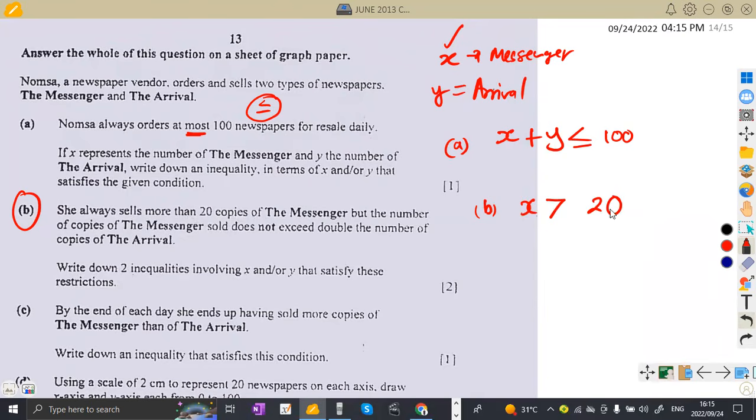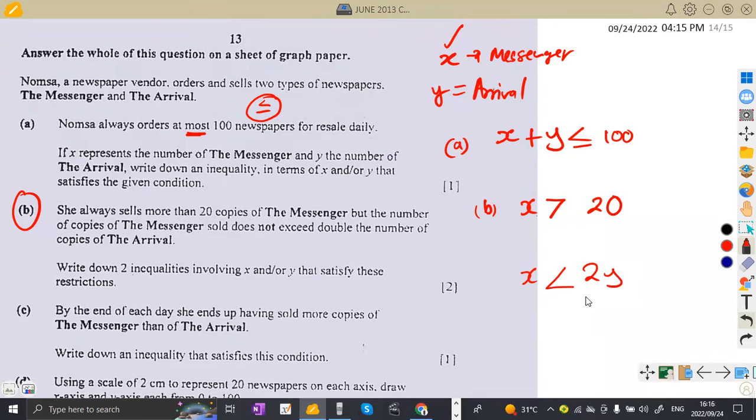20, like that. Okay. Then here we are now, the number of copies of the Messenger, which is x. Remember, Messenger is x. This one does not exceed double, which means it's less than the double of the Arrival, and Arrival is y, so it's less than 2y.